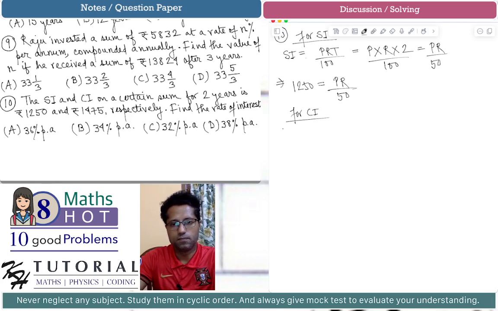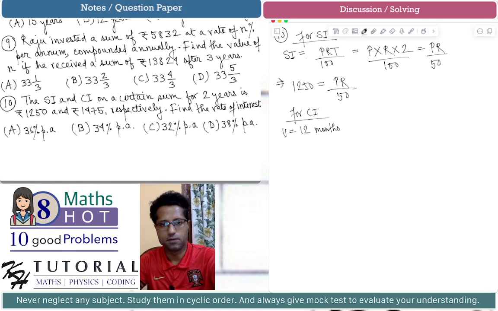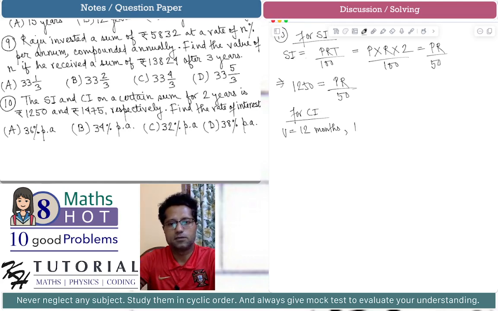Now let's do the computation for the compound interest. The default u will be 12 months. If nothing is said as to how the interest is compounded, then we assume it is compounded annually. So u is 12 months, and when u is 12 months, R dash is always equal to R. T is given to be 2 years.